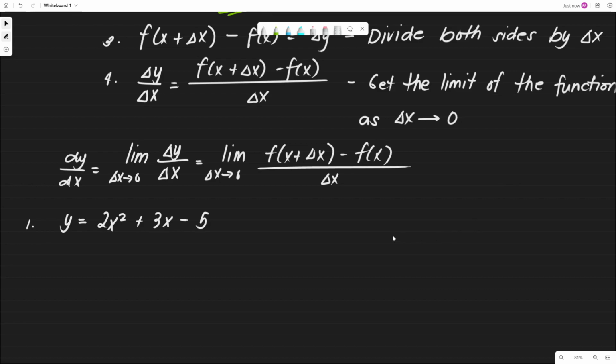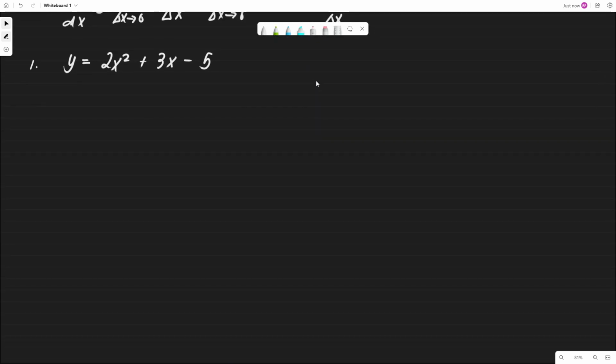How do we apply this one? So let's get the derivative of y is equal to 2x squared plus 3x minus 5. So again, first step, substitute, no? So substitute natin, lahat ng y magiging y plus delta y, lahat ng x magiging x plus delta x.